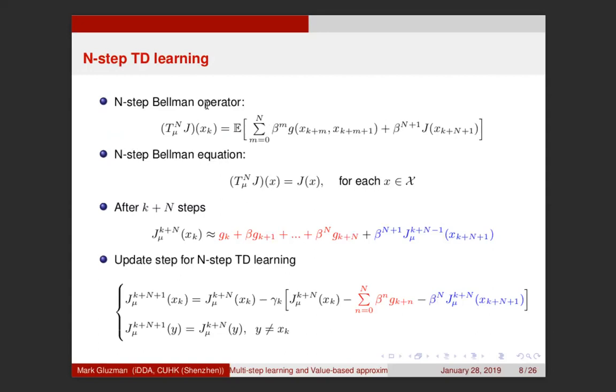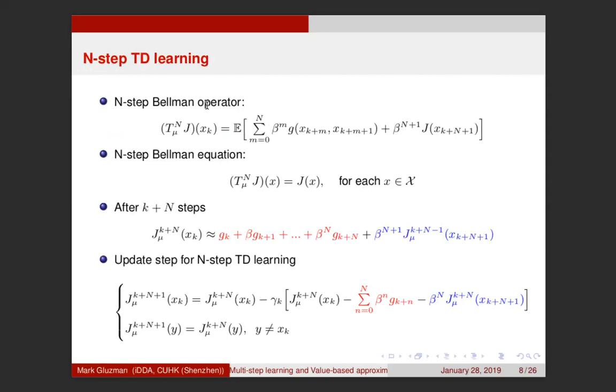Plus, we can estimate the rest of the trajectory based on our current estimation of the value function in the state x_{k+n+1}. This estimation is something in between TD0 and the Monte Carlo approach.